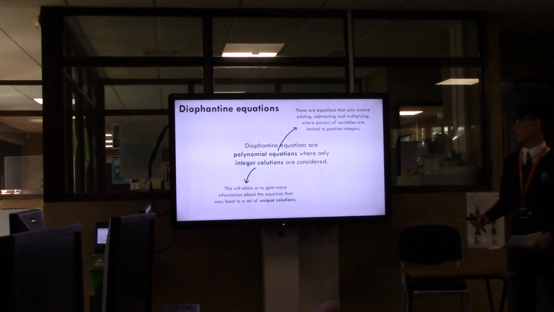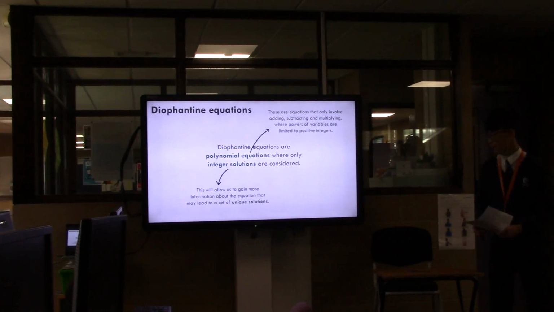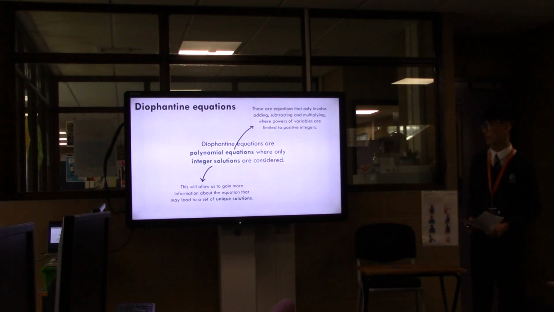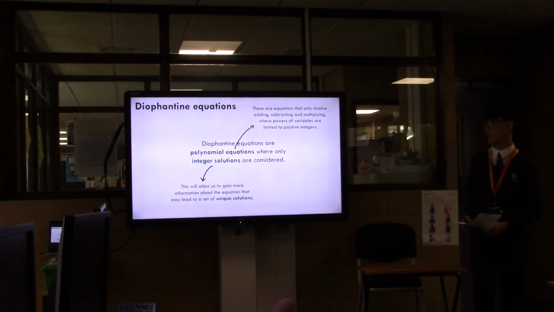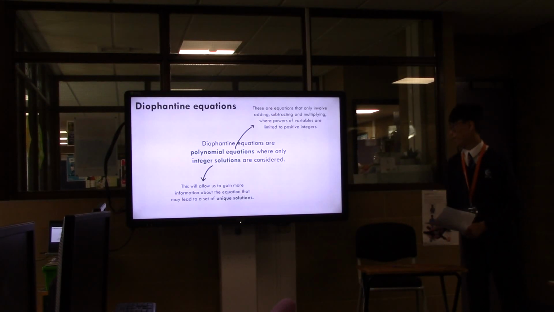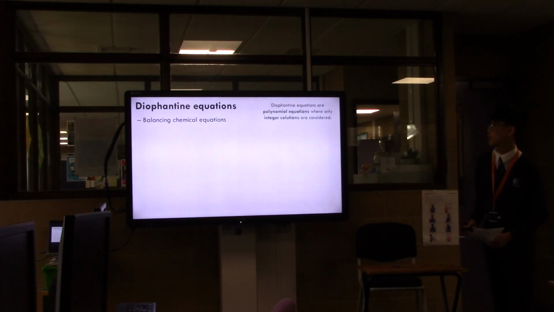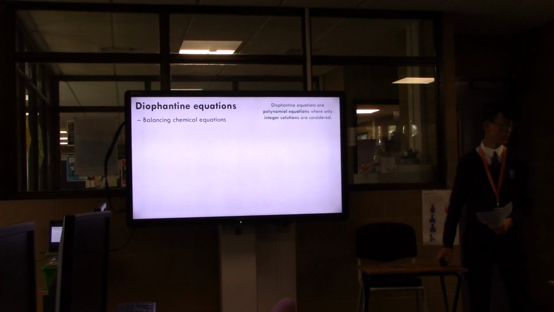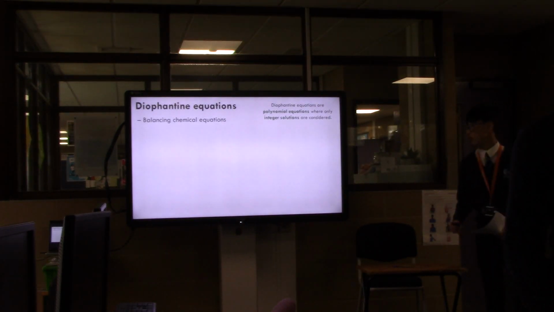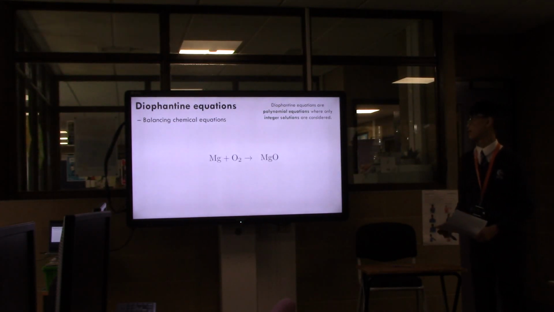And the fact that only integer solutions are considered means that in certain situations we can gain more information about an equation, and that could lead to a set of unique solutions. Some applications of these equations are balancing chemical equations in chemistry.